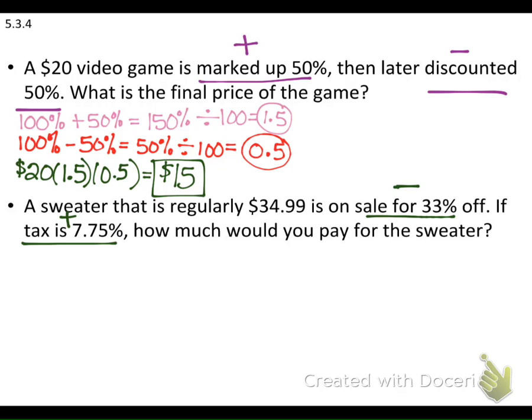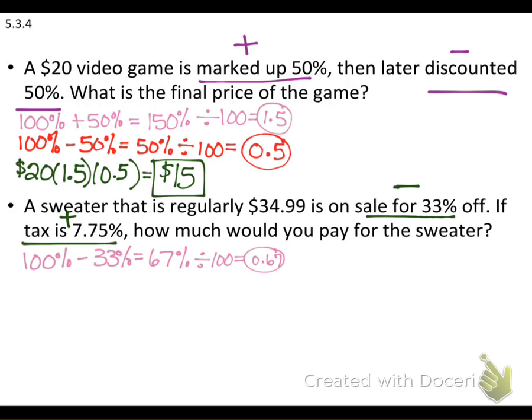So step 1, I do what? 100% minus 33%, which equals 67%. Y'all agree with that? And then step 3, change that percent to a decimal, which equals, good. I'm going to circle it because this is my first multiplier.